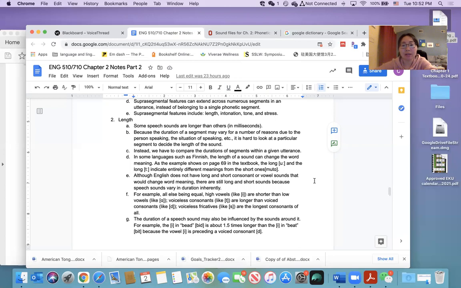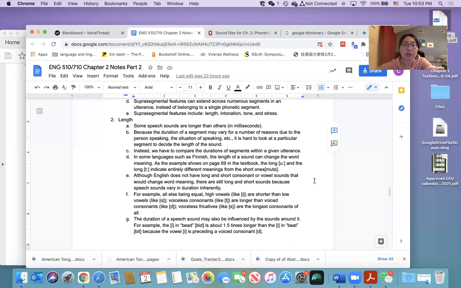So the E in the word bead is about 1.5 times longer than the E sound in the word bit, because the vowel E is preceding a voiced consonant d.